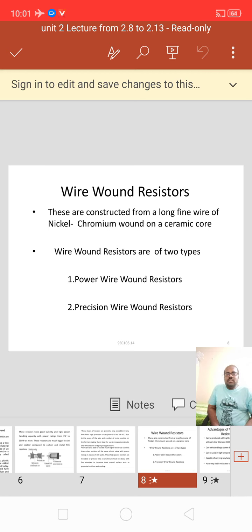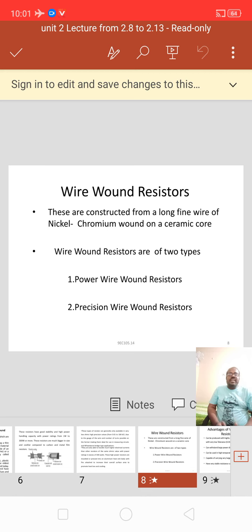Next, these wire wound resistors are constructed from a long fine wire of nickel chromium wound on a ceramic core. Core materials we already discussed.